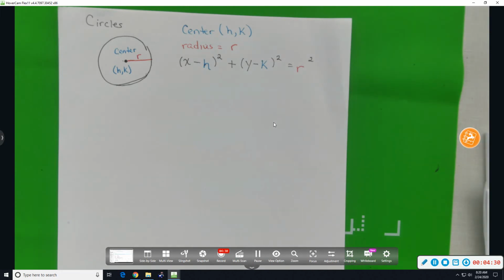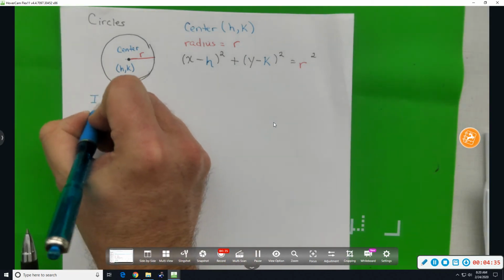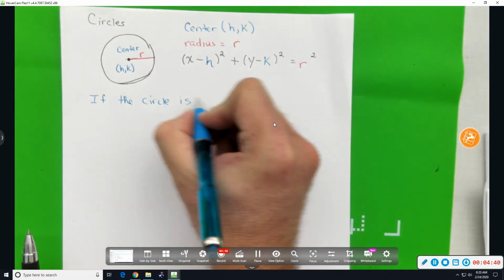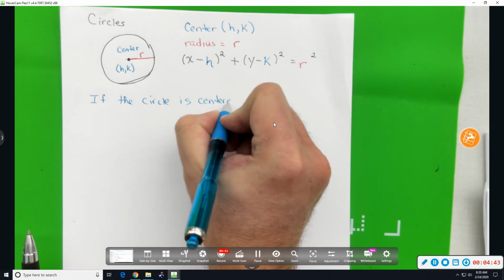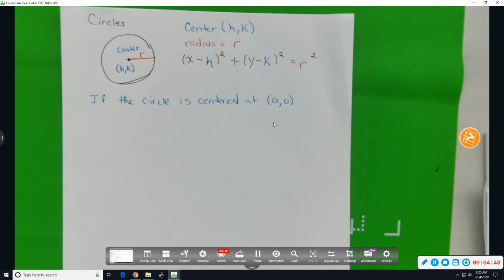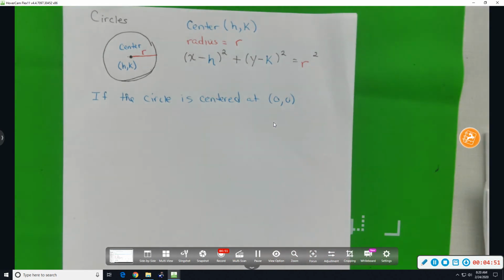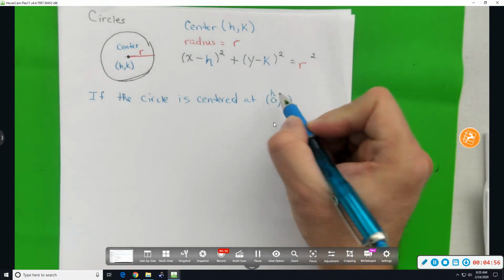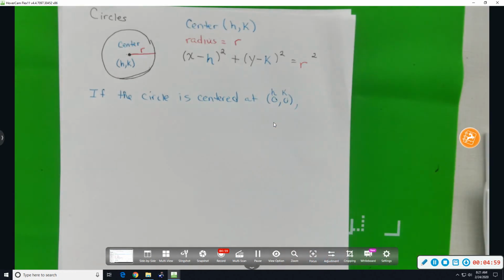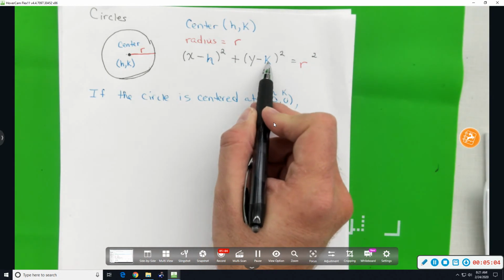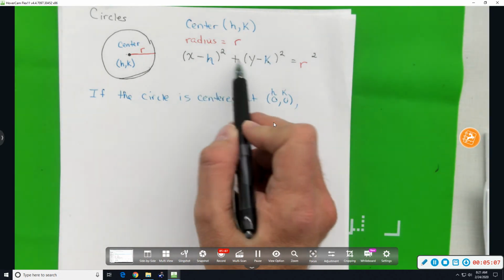So a couple of special cases. If the circle is centered at the origin 0, 0, then what does the equation look like? Well, if you plug a 0 in for h and a 0 for k, put a 0 here and a 0 here, you're not going to have any of those parentheses.